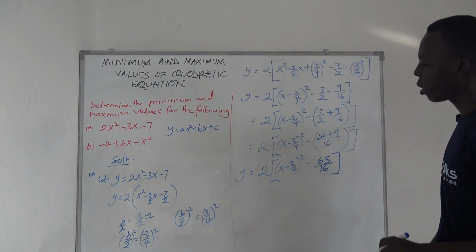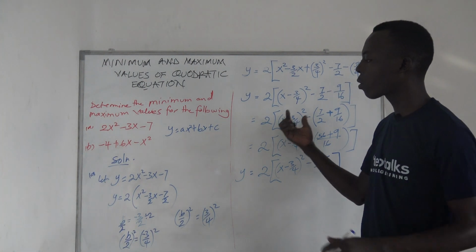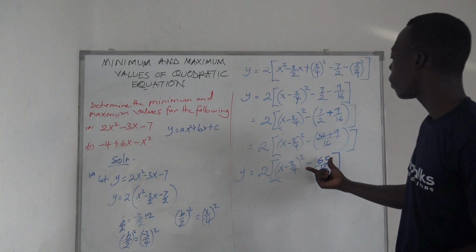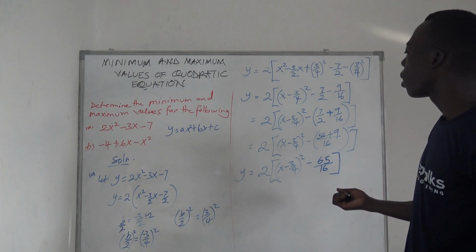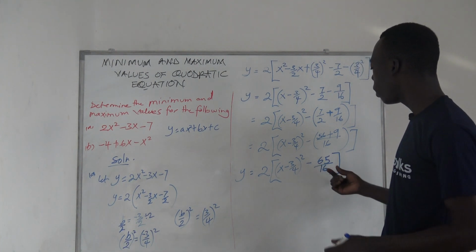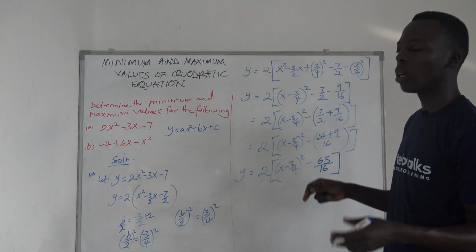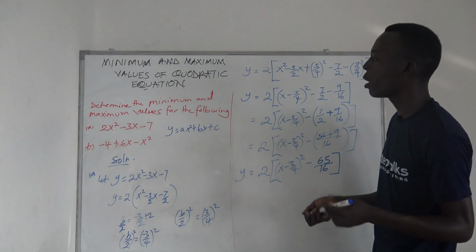So that's what we are getting after completing squares on the other equation. So we said when we reach this step, the value which is here is that maximum or minimum value.